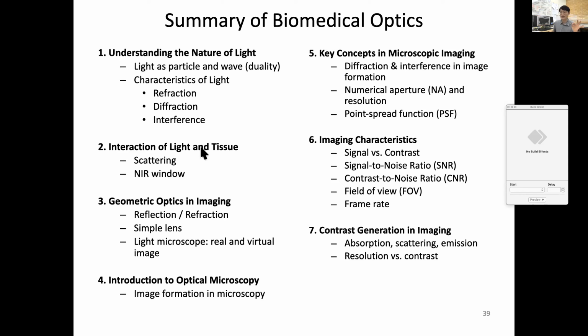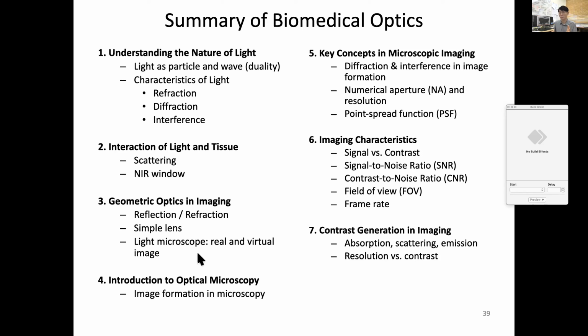For that, we need to understand light and tissue interaction, especially scattering, and what wavelength of light is great for imaging underneath the tissue, which we call the near infrared window. And we did geometric optics, from refraction to the simplest geometric optics using a simple lens, which of course your eye does all the time, and talked about real and virtual images.